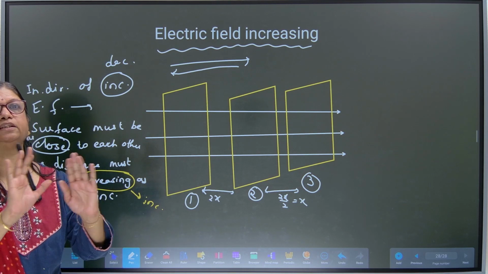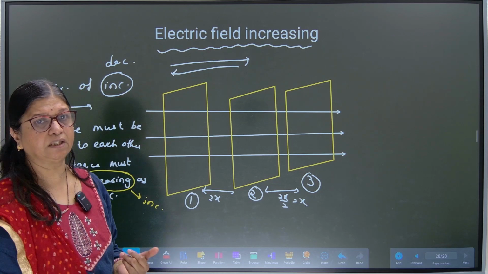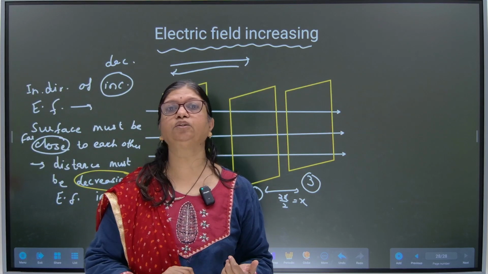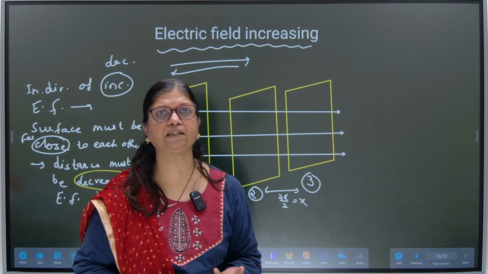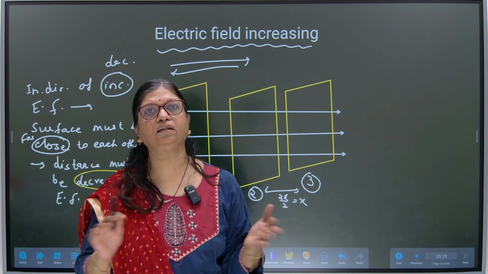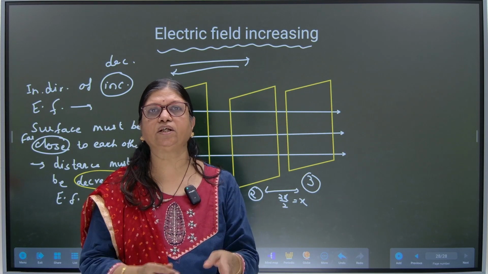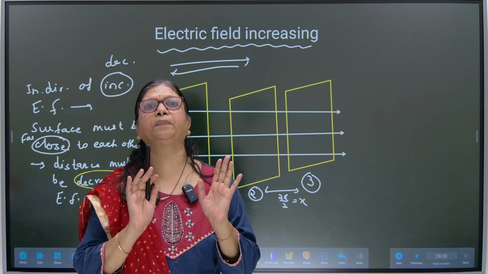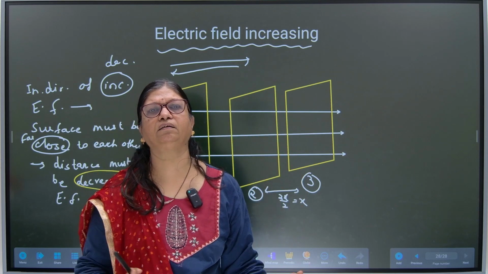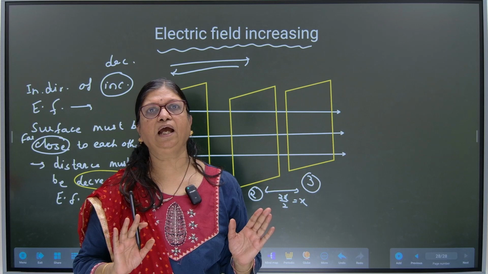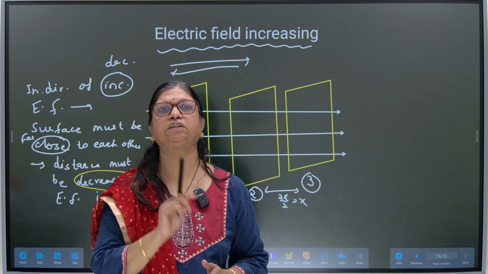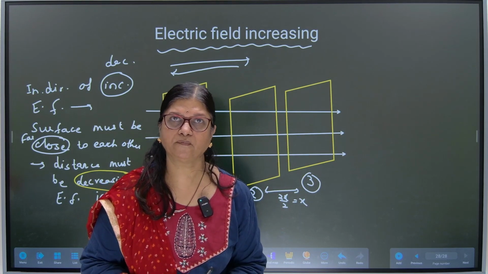So all these points for equipotential surface, you remember as a numerical, as an application, as an assertion reasoning, anything in any type of entrance, NEET, JEE, regular CBSE, remember, it is a complete discussion and package for equipotential surfaces to be drawn. Fine?